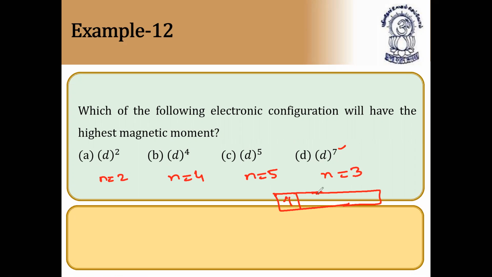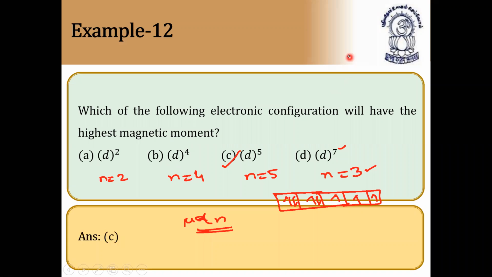First electron, second, third, fourth, fifth electron, and then the sixth electron will start pairing up, and the seventh. Up to here it is paired, and 3 electrons are unpaired. So n is equal to 3 in this case. We know magnetic moment mu is proportional to n, so n is equal to 5 is the answer. So option C.